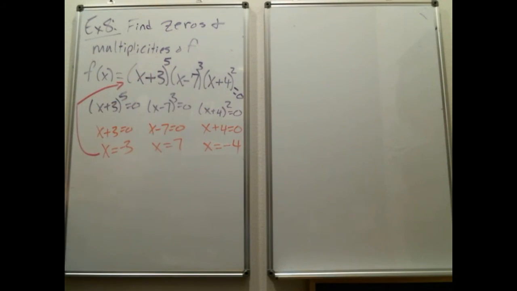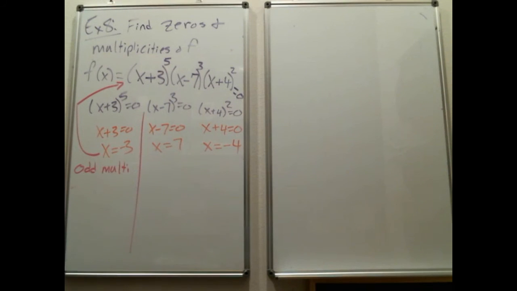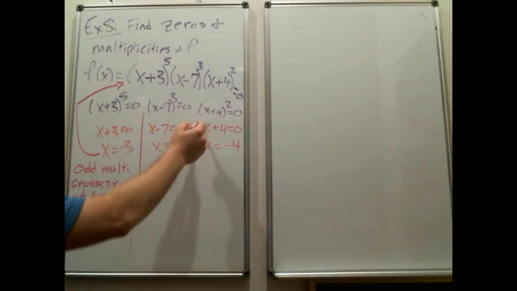It's 5. 5 is odd, so that means this is odd multiplicity. And what does it mean to have odd multiplicity? Odd multiplicity means that it goes through the x-axis at this point, or crosses the x-axis at this point. So crosses x-axis at -3, 0.